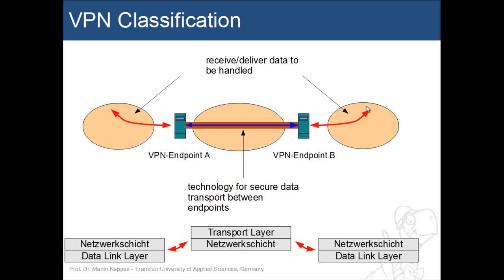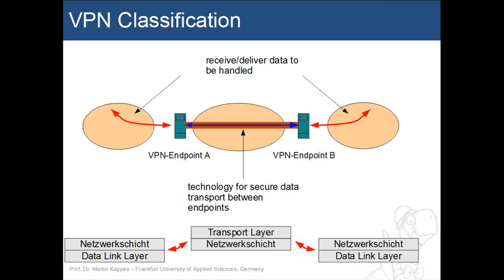So in general, there are two types of features that can be used for classifying a VPN. One is where the data is received and to which layer the data is then delivered. So on which layer is the data received, and on which layer is the data delivered. Of course, that's always the same layer.